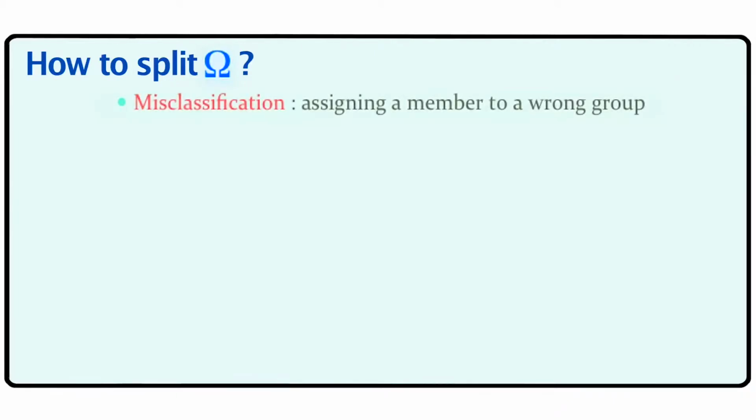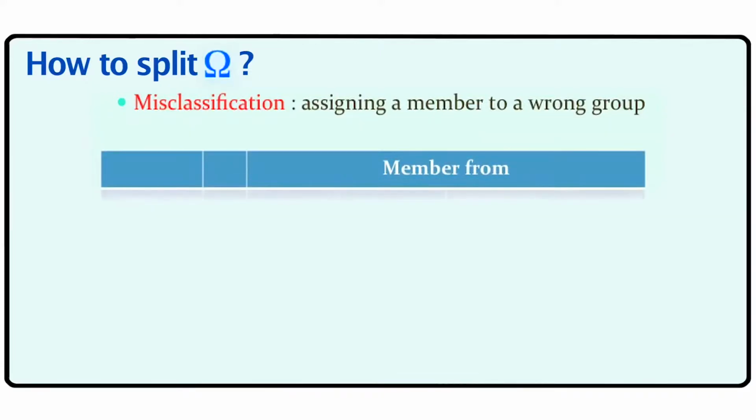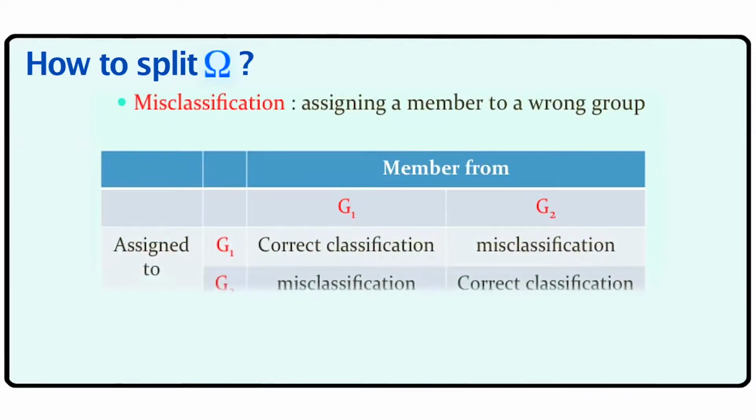So the splitting of omega is the more important thing. Now omega is split on the basis of what we refer to as misclassification. Misclassification is assigning a member to a wrong group. So incorrect assigning of an individual is referred to as misclassification.